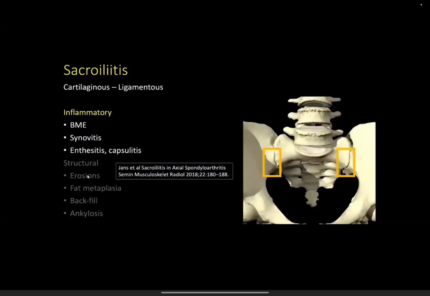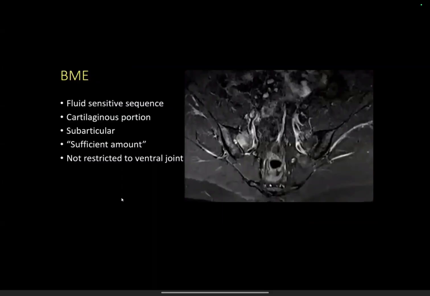Structural lesions, or permanent damage, include erosion, fatty metaplasia, backfill, and ankylosis. What this technically means is that this is a point of no return. Inflammatory lesions can still return back to normal and can have a good prognosis. Structural lesions, once they have set in, have limited prognostic capability.